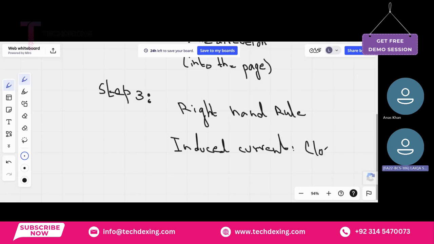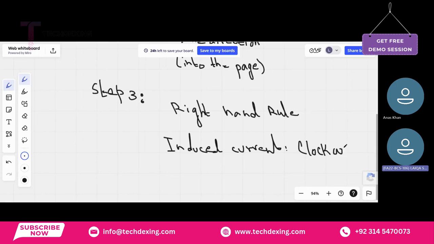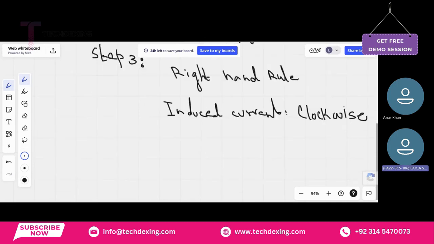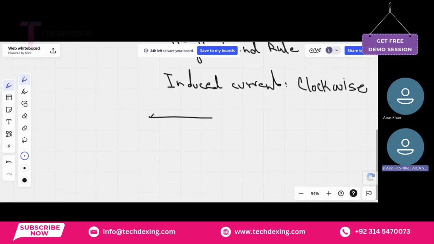Now if I ask you what would be the direction of flow of current in the top wire of the rectangular loop, what would you say? A rectangular loop consists of four wires, two horizontal wires and two vertical wires.